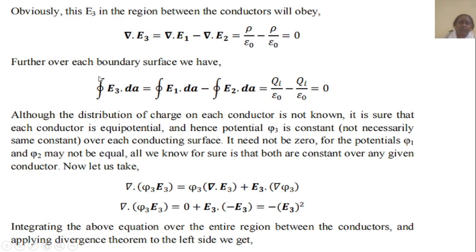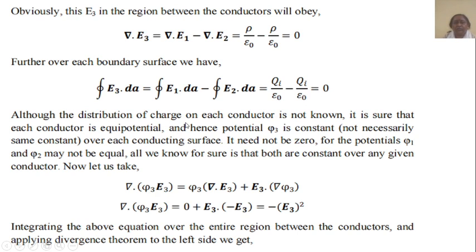Further, over each boundary surface we have closed integral E3 dot dA equal to closed integral E1 dot dA minus closed integral E2 dot dA, equal to Qi upon epsilon 0 minus Qi upon epsilon 0, that is equal to 0.